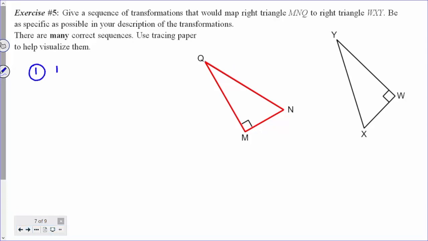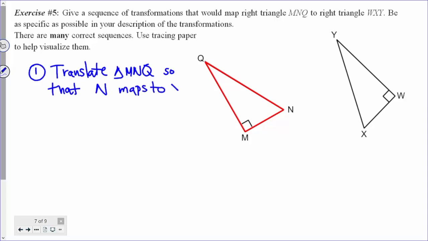So I'm going to start with this. Step number one. I'm going to translate triangle MNQ so that N maps to X, like this.